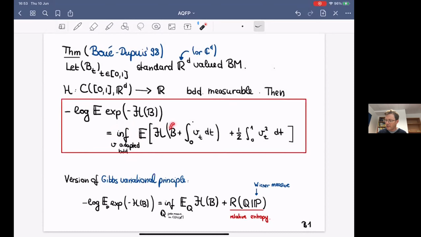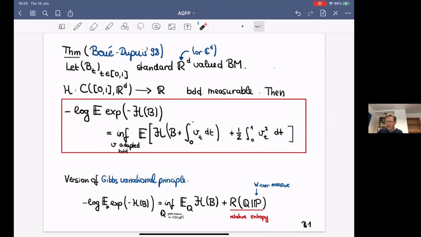You don't evaluate exactly at the Brownian motion, but at a shifted version of the Brownian motion. The more you shift, the more you have to pay. If you take a very suitable V, then perhaps you can make the functional a bit smaller, but the bigger the V, the bigger the price you have to pay. So you don't want to use too much of this V.